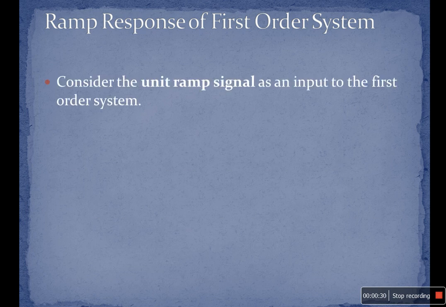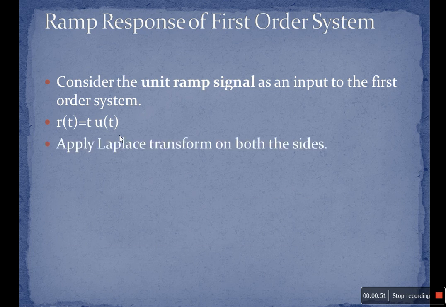Consider the unit ramp signal at the input of the system. We know that the unit ramp signal R of t is the input. R of t is nothing but t into u of t. This is the unit ramp signal. Apply Laplace transform on both sides.